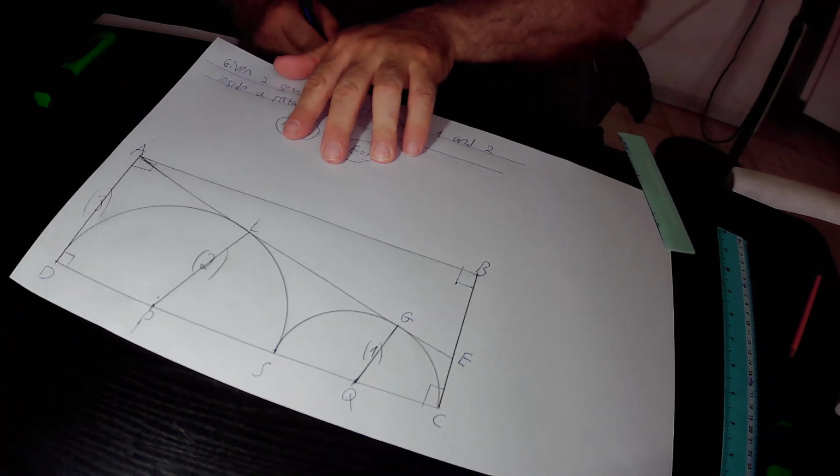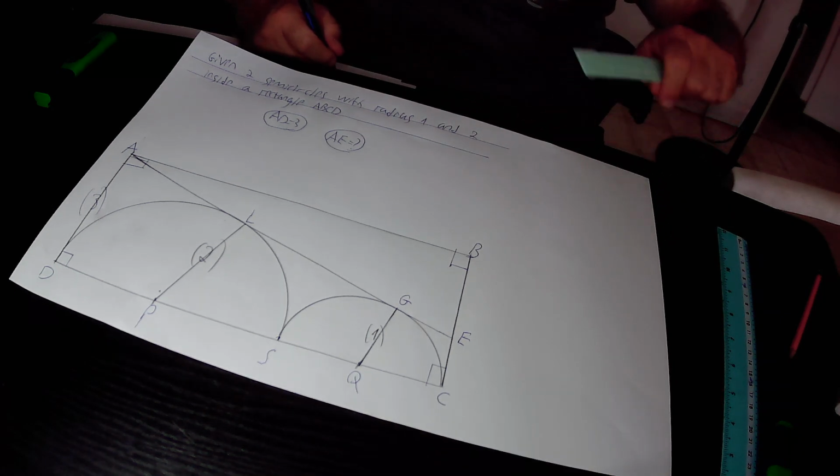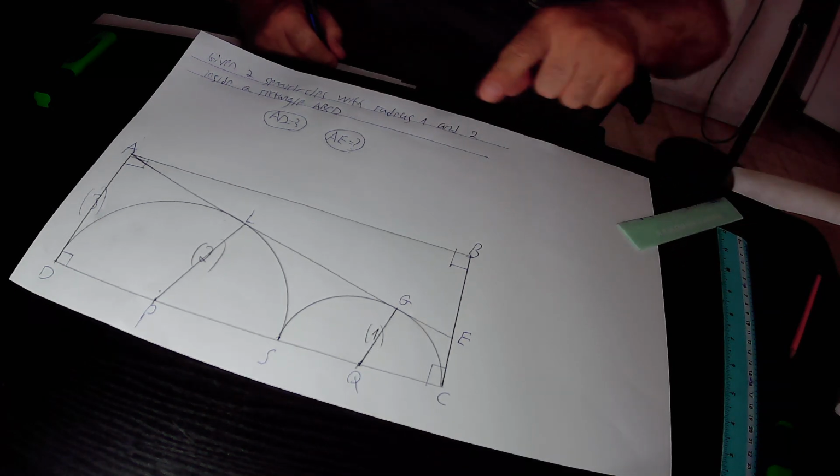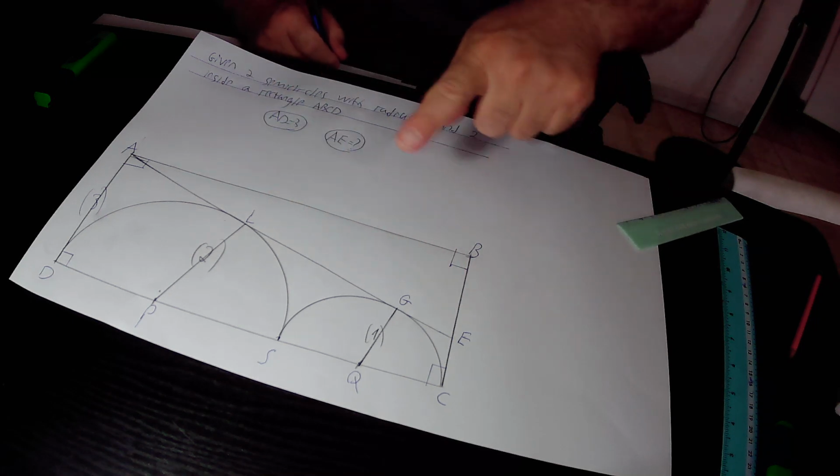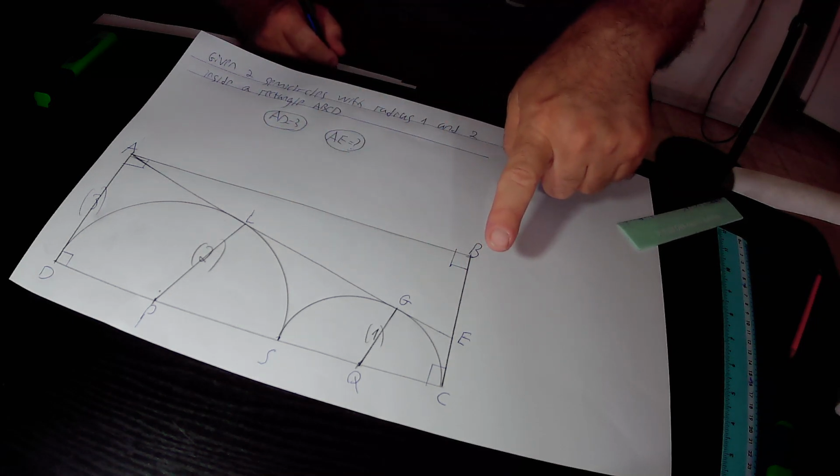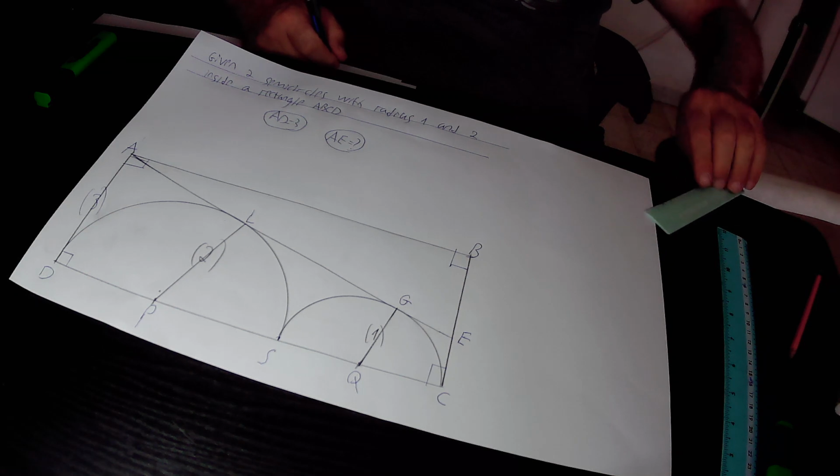In the next step, we will do a construction. That is to say, we will extend side CD and line segment AE by a straight line until they touch each other.